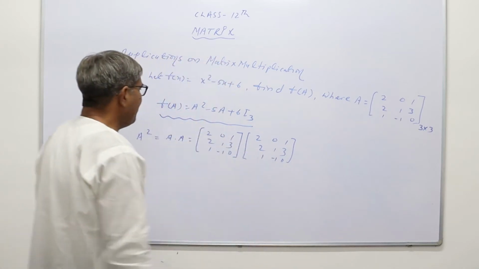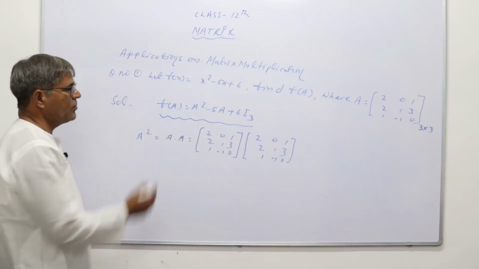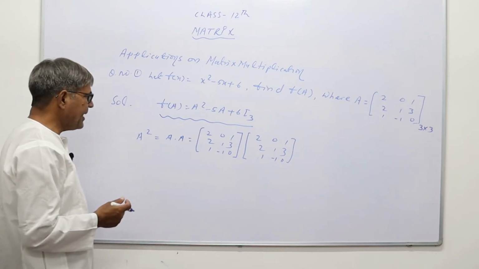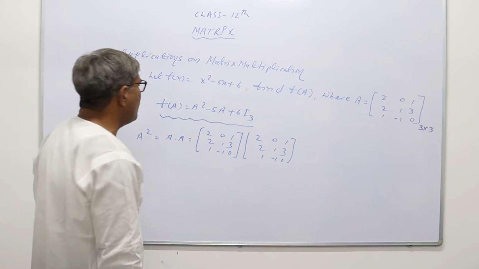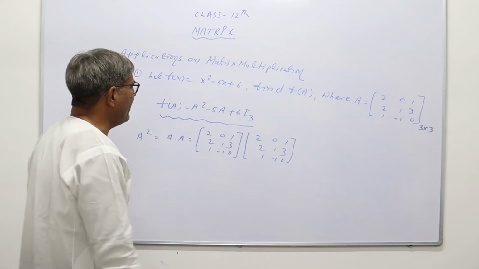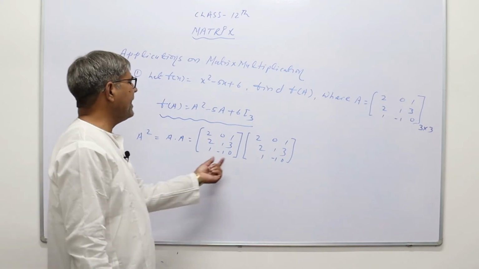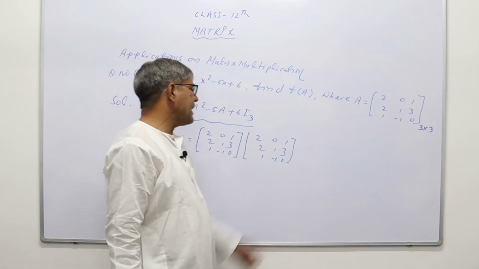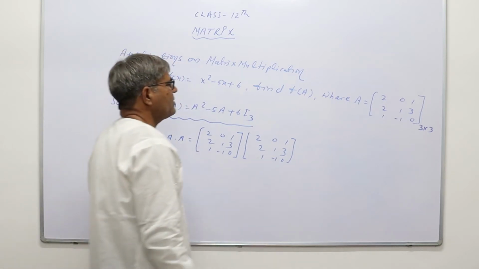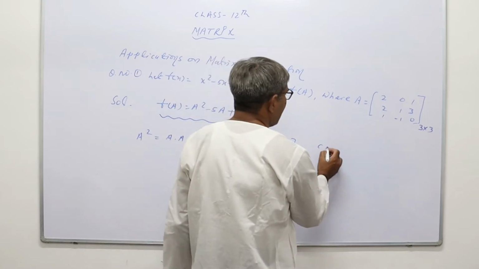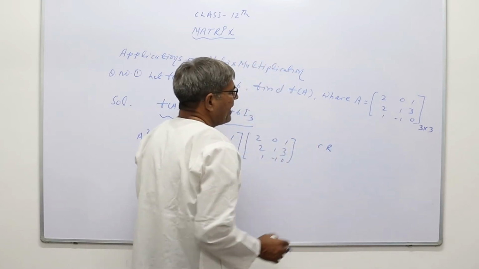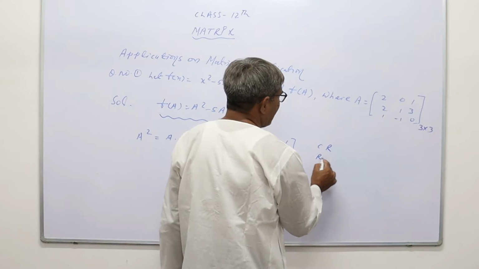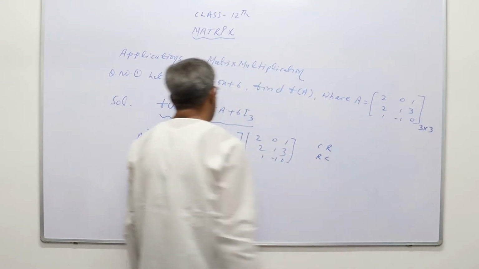So how will we multiply? In the last video also we discussed some applications on matrix multiplication. Matrix multiplication is possible if the number of columns in the first matrix equals the number of rows in the second matrix. First we satisfy this rule, and then we multiply row with column.